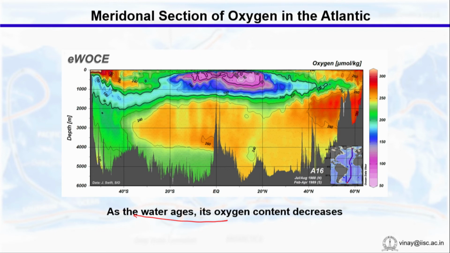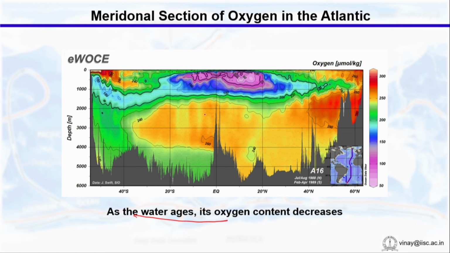This figure shows you a vertical section of oxygen from the northern Atlantic to the southern part of the Atlantic close to the coast of Antarctica. So this is the northern Atlantic and here is Antarctica. The surface water in the northern Atlantic is rich in oxygen, and if you look at this picture from north to south, you can see that the concentration of oxygen is decreasing from north to south.